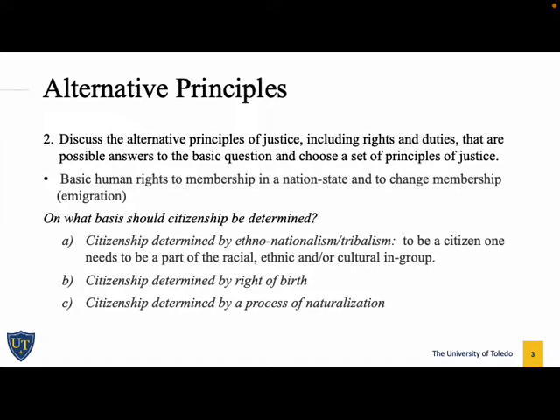There is a very potent and perpetual argument in terms of how we should determine membership, and that is that citizenship should be determined by ethno-nationalism or tribalism. And that's at play in all human societies still, including the United States. The argument is that to be a citizen, one needs to be a part of the racial, ethnic, and or cultural group, the dominant group of that society.